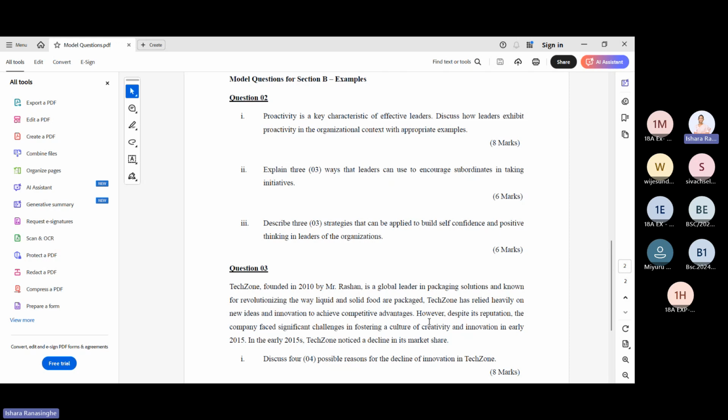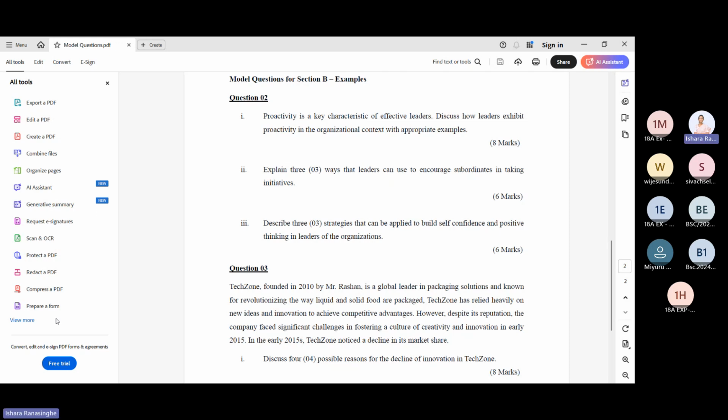Then sub-question number 2, explain 3. There I am specifically mentioning you need to write down only 3. Explain 3 ways that leaders can use to encourage subordinates in taking initiatives. So this is from this slide. Right?